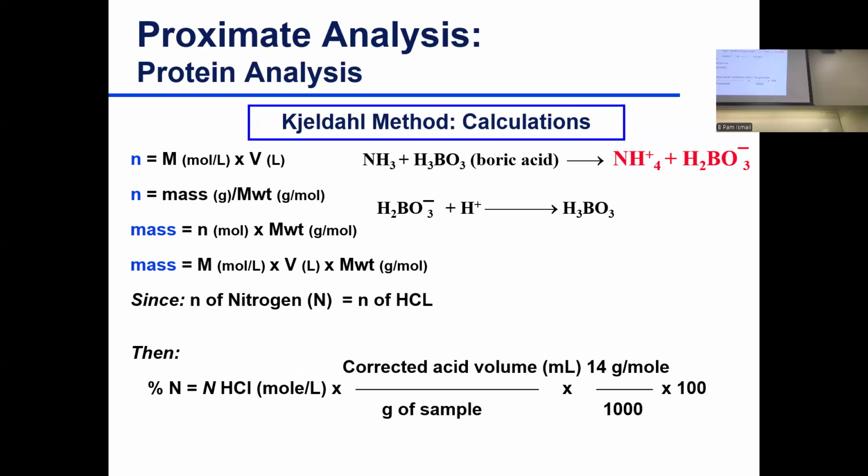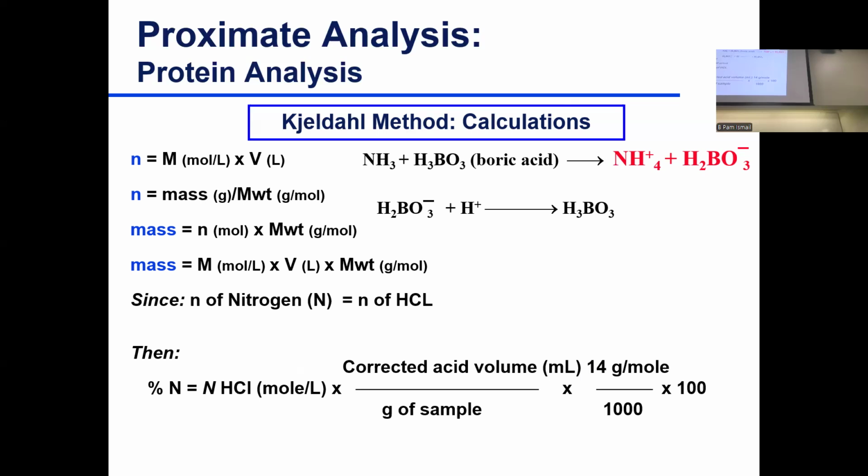Number of moles equals molarity times volume. We'll get to that, okay? Number of moles also equals mass in grams over molecular weight, grams per mole. So n is for number of moles.